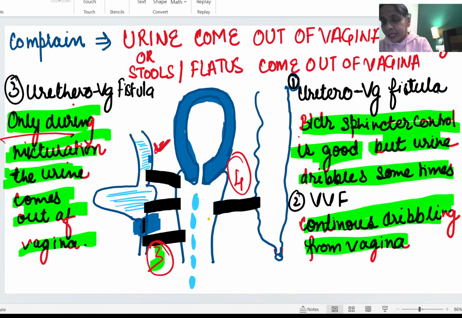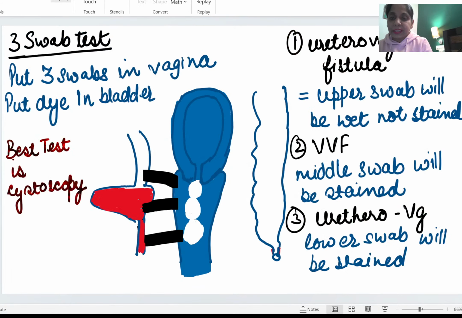Okay. Now let us study the 3 swab test. What we do in the 3 swab test is put 3 swabs in the vagina. As you are seeing, I have put the 3 cotton swabs, one after another, in the vagina, and we fill the bladder with the dye.